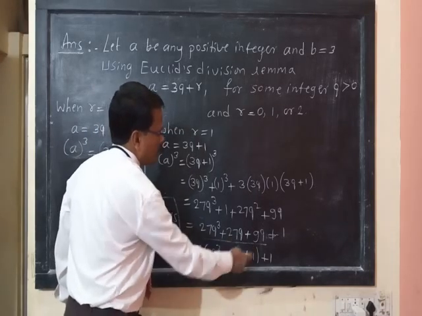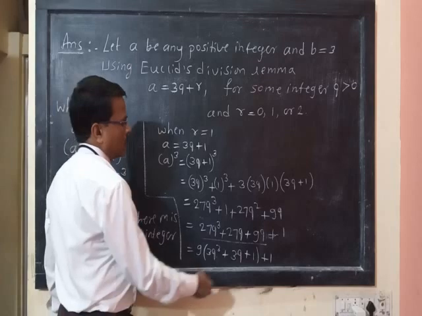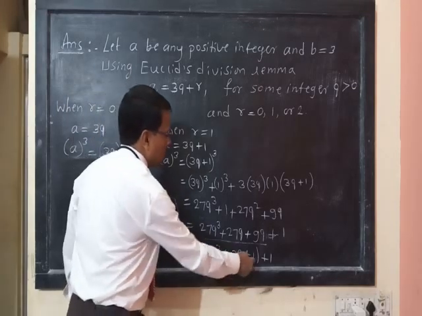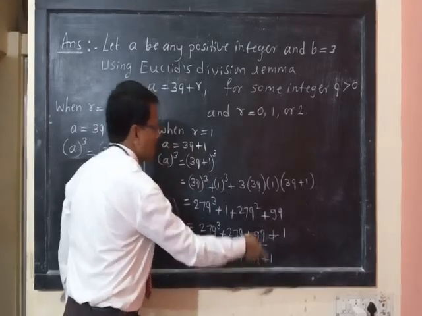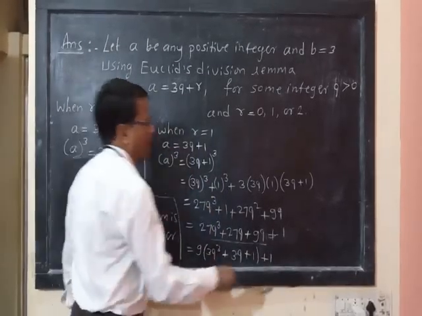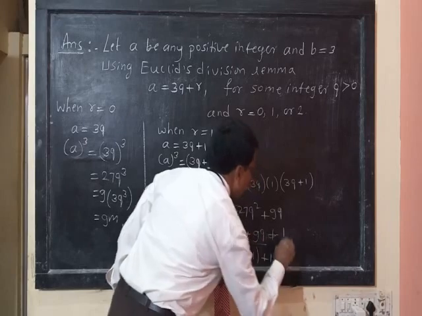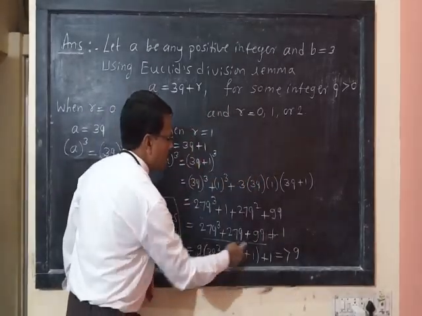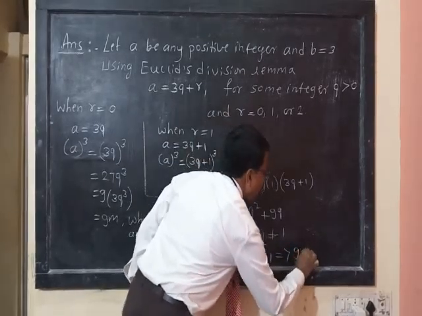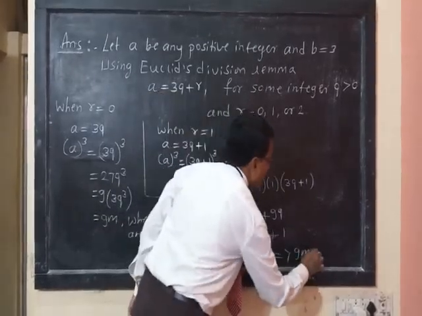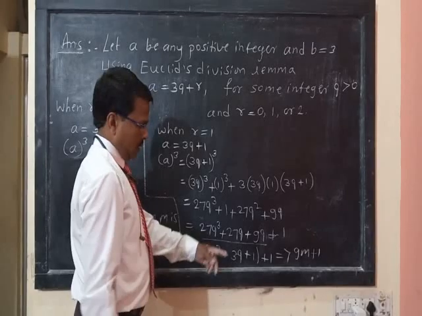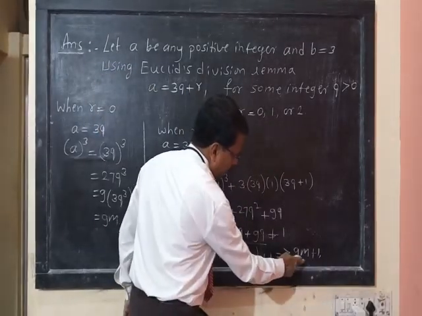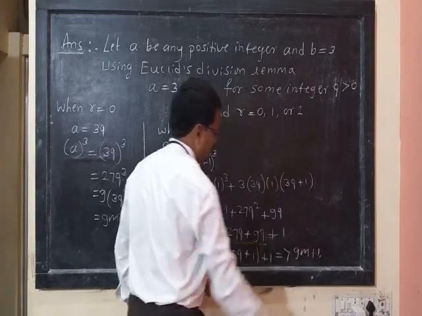This altogether is one integer. 1 is an integer, q is an integer, 3q is an integer, all these are integers. The sum of these integers is again an integer. So I can write this as 9m plus 1, where m is an integer.